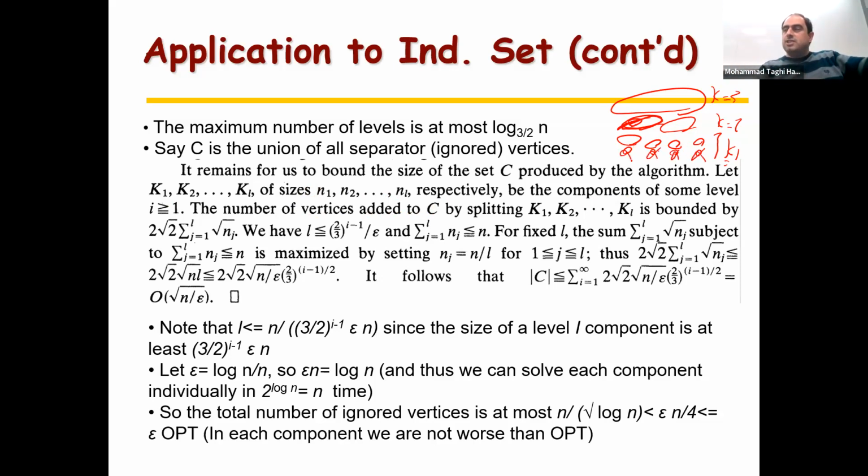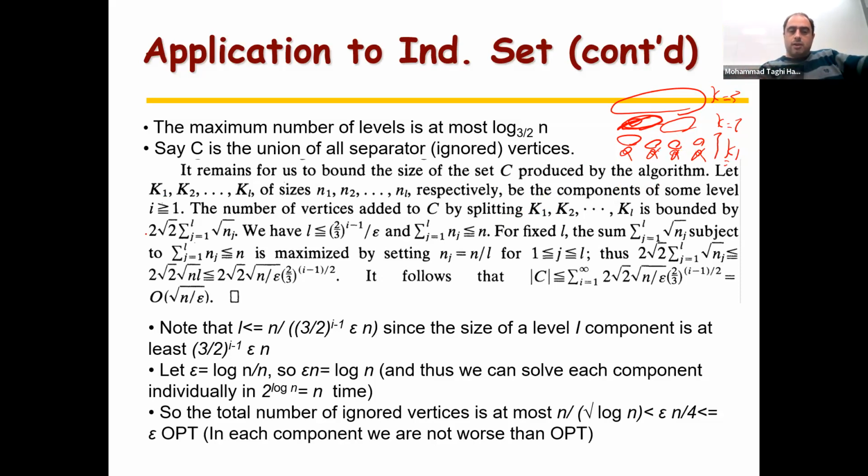So I want to see in each level how many vertices I will add to C.